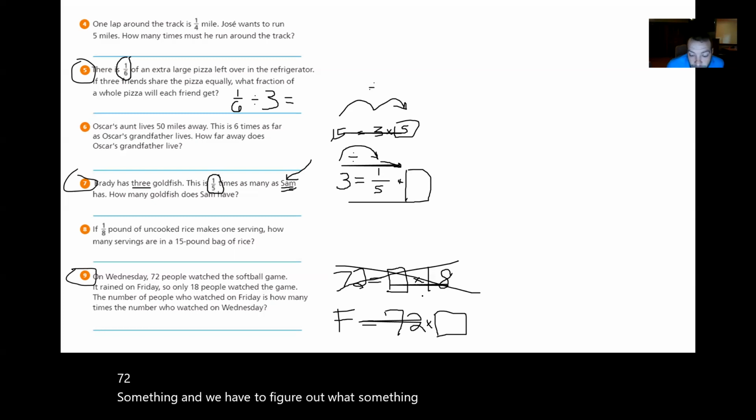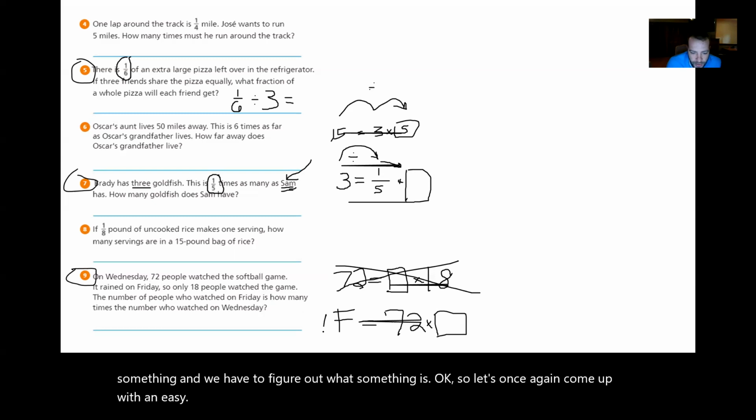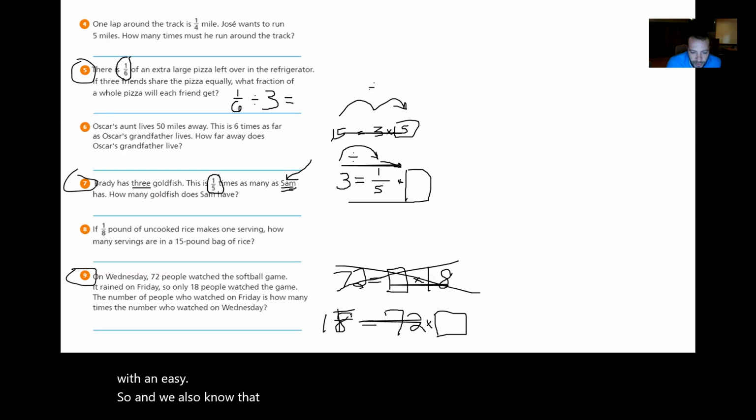Okay, so let's once again come up with an easy one. We also know that 18 is Friday. So 72 times what is 18? And let's say 10 times what equals 5.